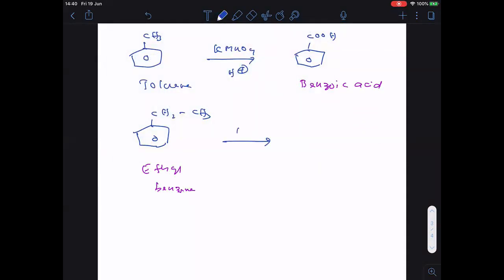So ethyl benzene also can undergo oxidation with acidified KMnO4. Remember everyone, here also we will get the same compound, that is benzoic acid only.